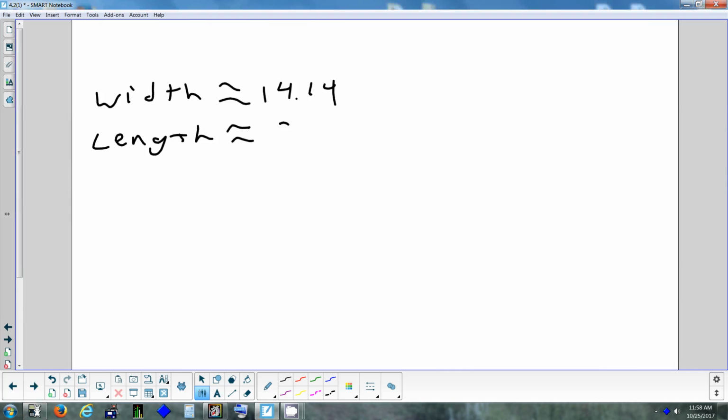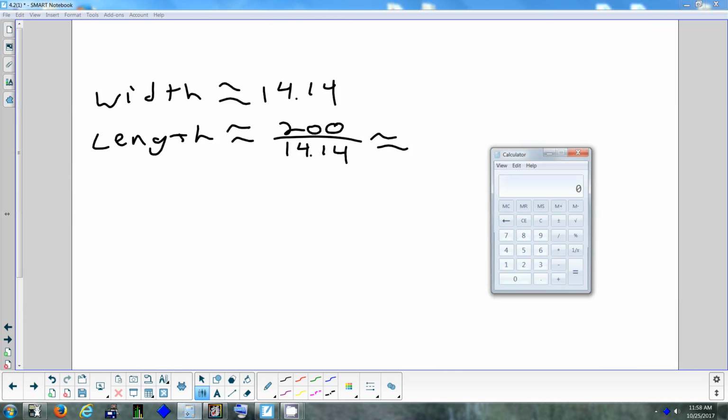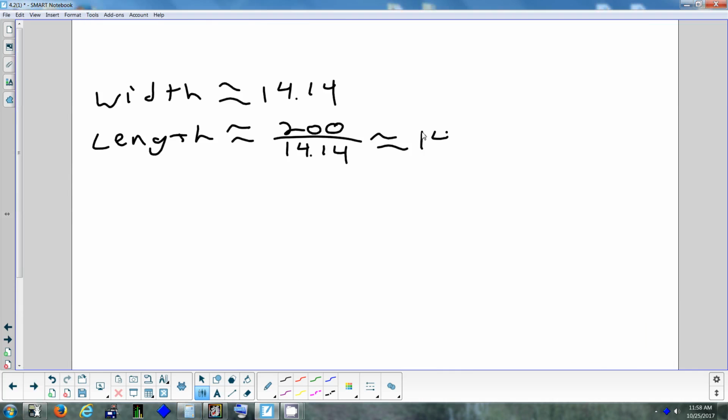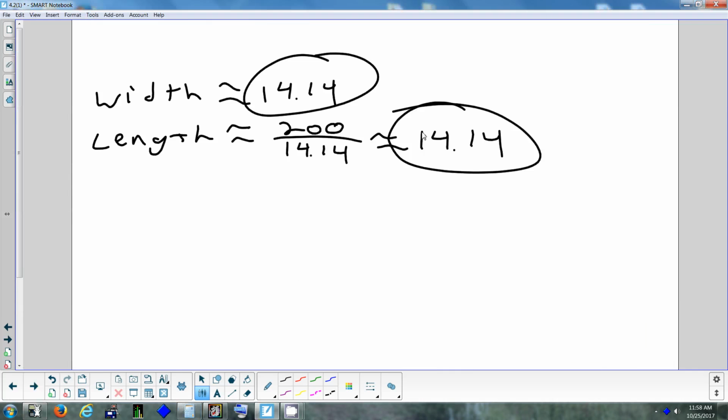So 200 divided by 14.14. Let's see what that comes out to. 200 divided by 14.14 is 14.14. Those are the dimensions of the shape with a minimum perimeter that would enclose an area of 200 square feet.